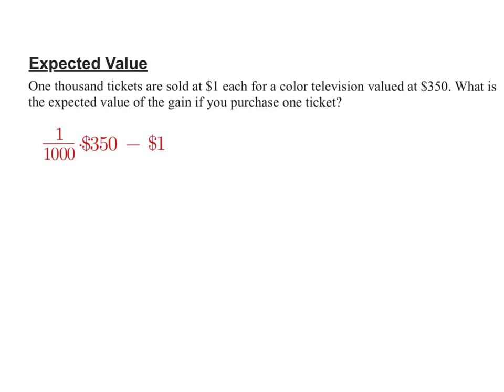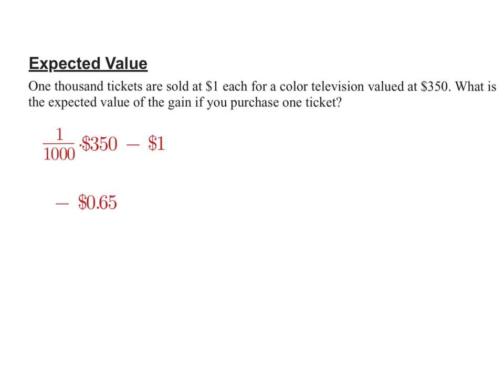In this case, I'm going to do this calculation, and what we expect over the long haul is you're going to lose 65 cents, which doesn't really make sense, right? You lost $1. But because of that one little chance of winning, it decreases your loss.